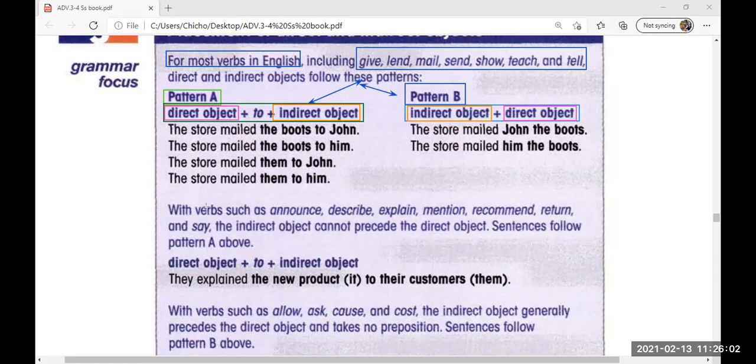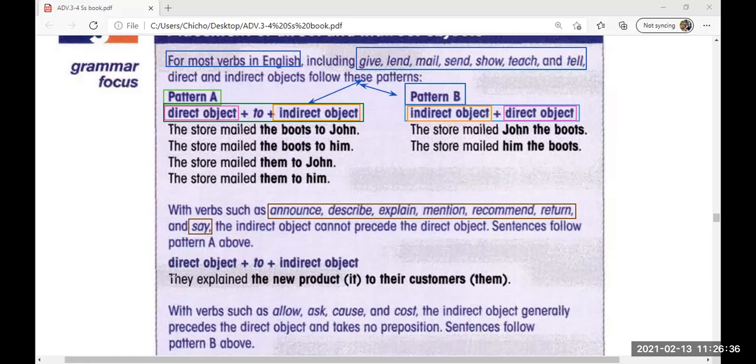It says, with verbs such as announce, describe, explain, mention, recommend, return, and say, the indirect object cannot precede the direct object. Okay? O sea que no podríamos seguir el pattern B, porque el indirect object no puede estar antes que el direct object. No puede precederlo, no puede estar adelante de él.